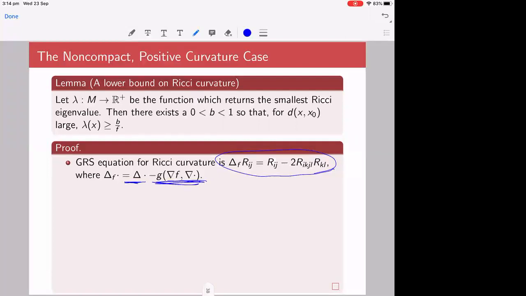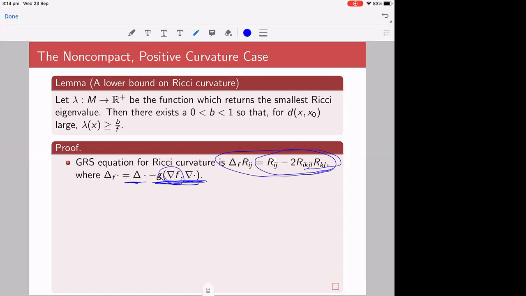So one can perhaps think about this as transporting the Ricci curvature in the direction of the steepest increase of the potential function f. On the right-hand side, however, we've only got the Ricci curvature and the Riemann curvature terms. We've got no derivatives here.